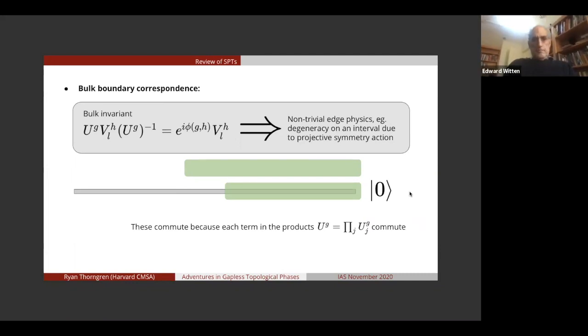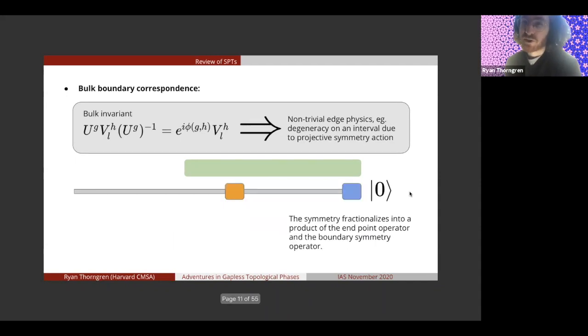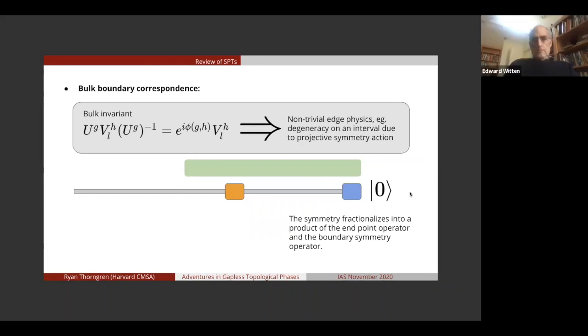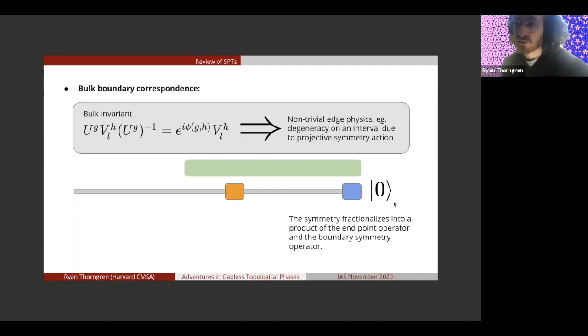So these two operators are going to commute with each other. Then we use symmetry fractionalization to split the small one of these into the endpoint operator and the symmetry operator at the boundary. So there's going to be some effective symmetry operator at the boundary that can maybe change the ground state that we have at the edge. We expect to have some degeneracy.